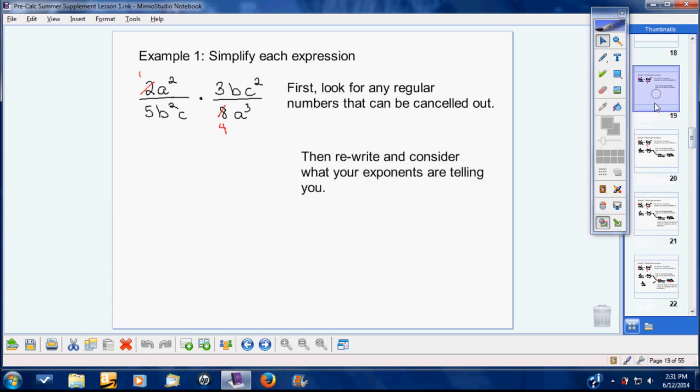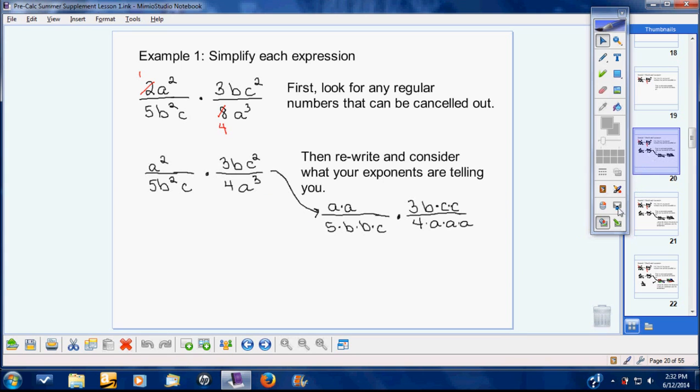All right, the next thing that you need to do is rewrite so that these numbers are taken care of, and consider what's going on with those exponents. Okay, so we're going to rewrite this as a squared over 5b squared c times 3bc squared over a cubed, and then we're going to just temporarily break it down into its parts.